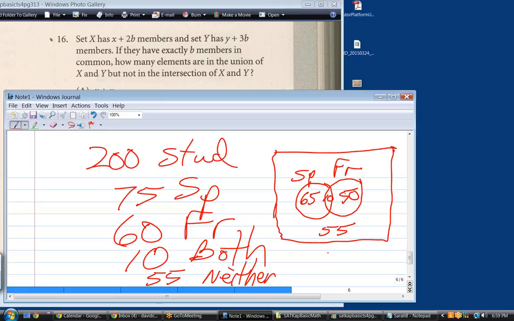I don't know what I did with my math, but how can that not add up to 200? I thought this added up to 200. Doesn't that? 135, 145, and 55. Ah, that's because I didn't analyze it with a Venn diagram properly.